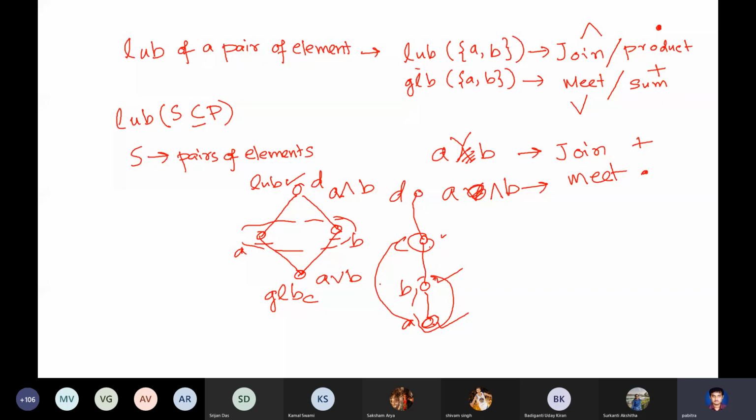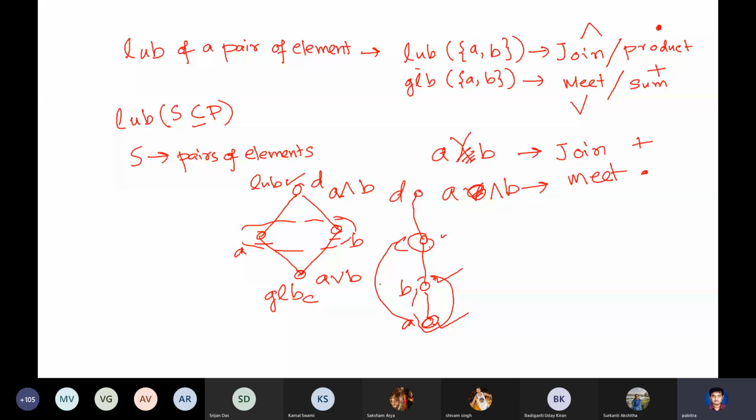They take two elements and produce a third element, which is either a least upper bound or a greatest lower bound for the pair. So I can think of join and meet as algebraic operators. And there is a closure property: if A and B are elements of P, A join B will be an element of P, and A meet B will be an element of P. So I have now defined join and meet.